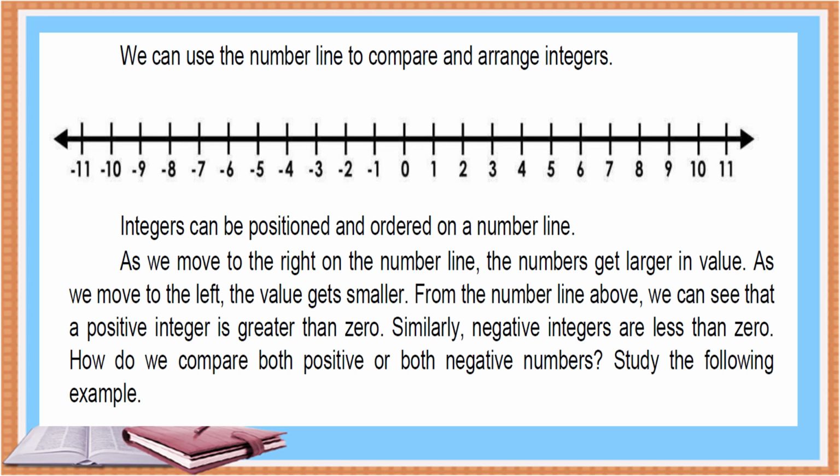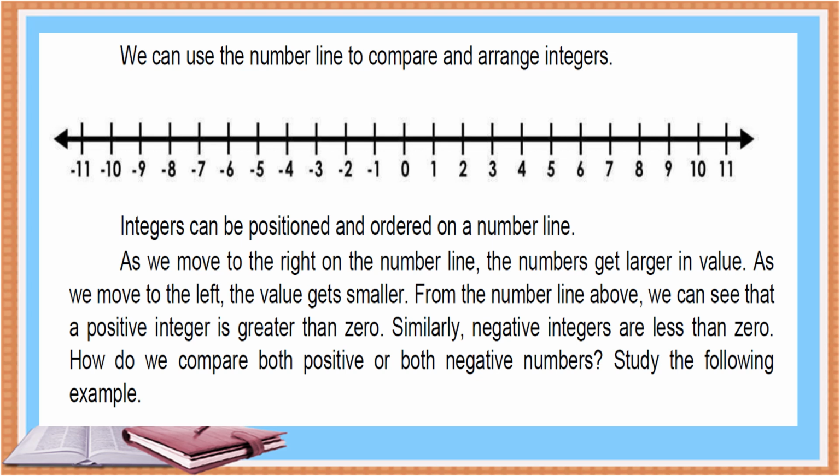We can also use the number line to compare and arrange integers. Integers can be positioned and ordered on a number line. As we move to the right on the number line, the numbers get larger in value. As we move to the left, the value gets smaller.